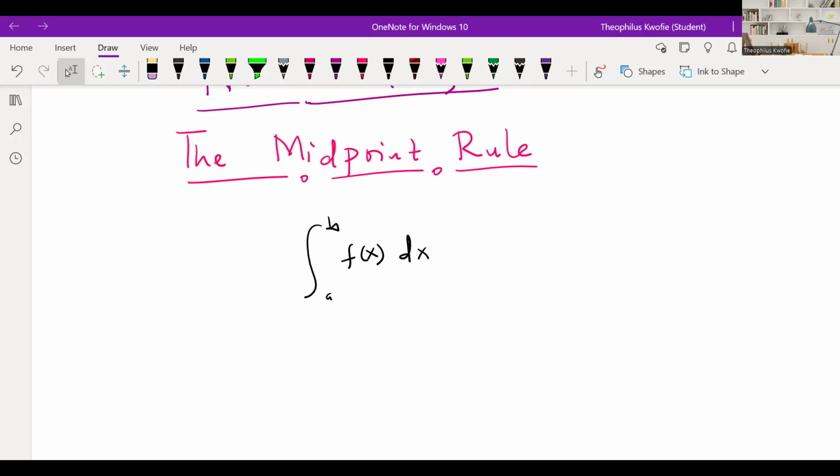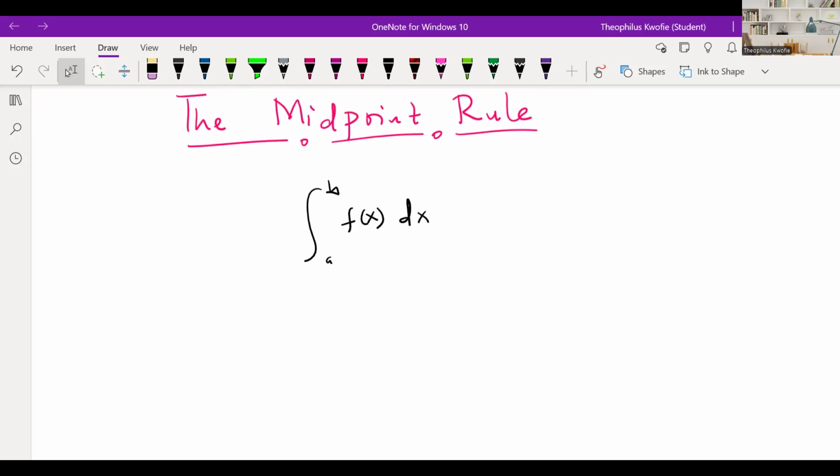So within every subinterval, we erect a rectangle on each. But with the midpoint rule, after erecting a rectangle on each subinterval, we find a midpoint, or average, within each subinterval. Then we evaluate the function at that point. So that is what the midpoint rule is talking about.